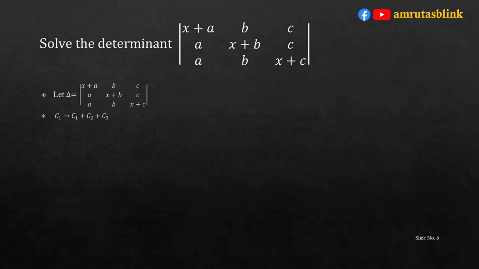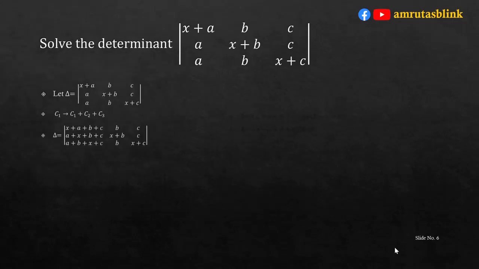Now, we will perform a column operation of C1 = C1 + C2 + C3. So, delta will be equal to x + a + b + c, b and c; a + x + b + c, x + b and c; and a + b + x + c, b and x + c.